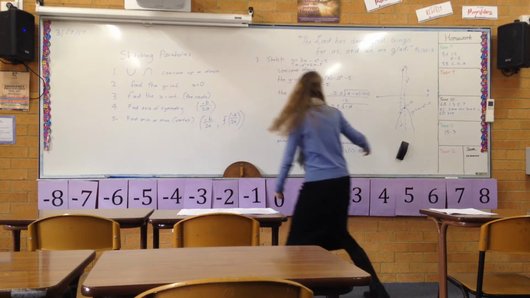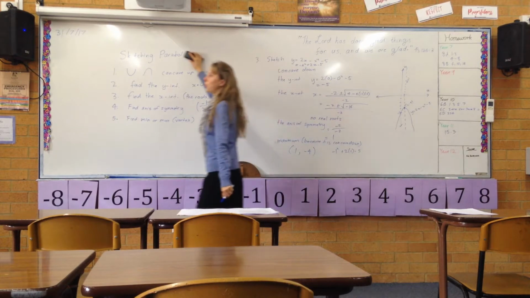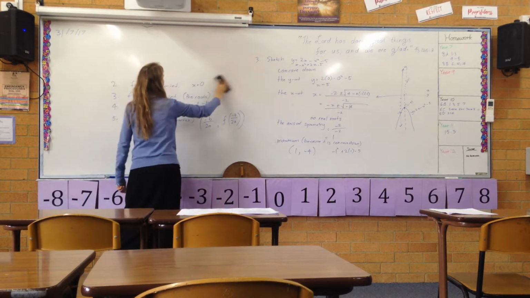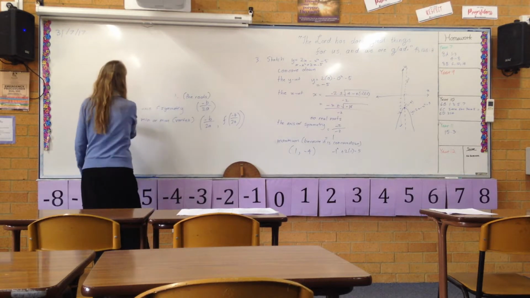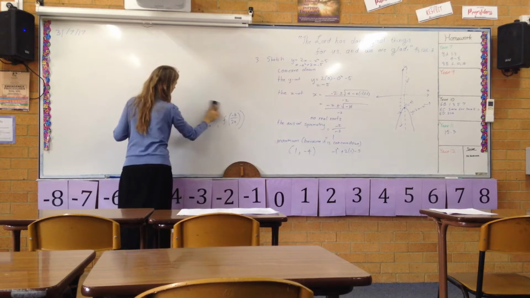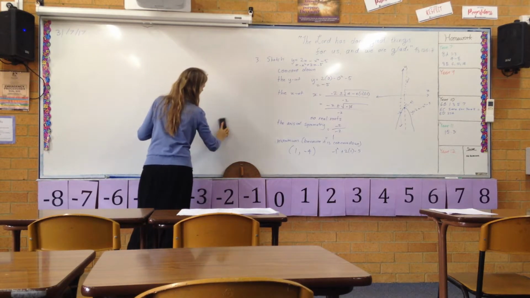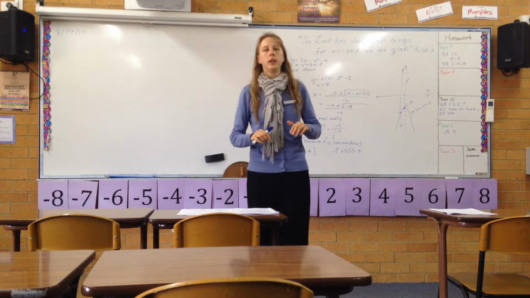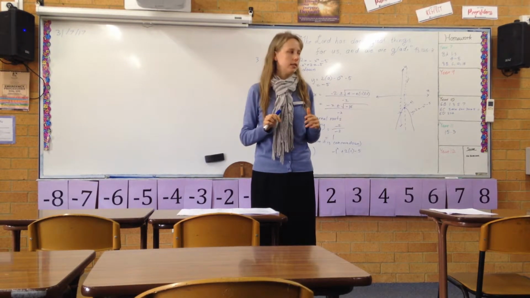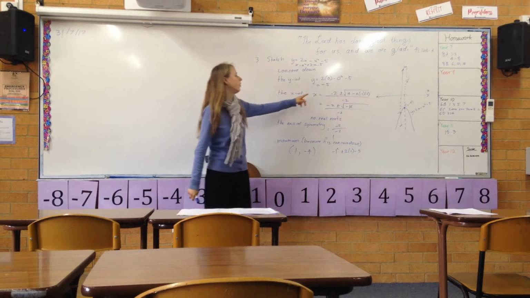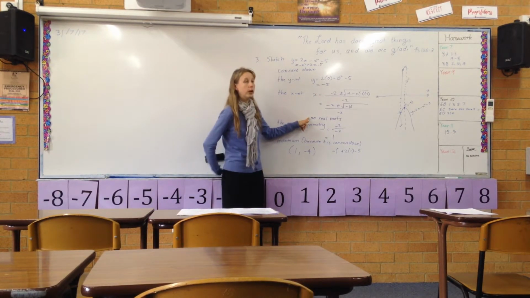So, we'll just rub out this side, and we are going to talk a little bit today about the discriminant. Basically, your discriminant is a shorthand way, rather than going through all of this, to work out that there are no real roots.